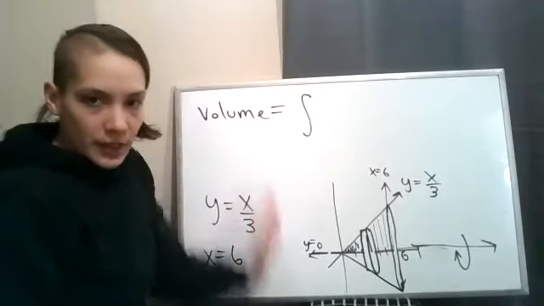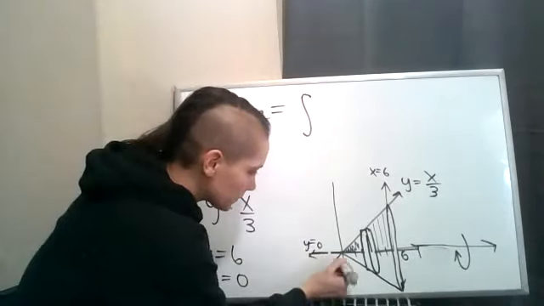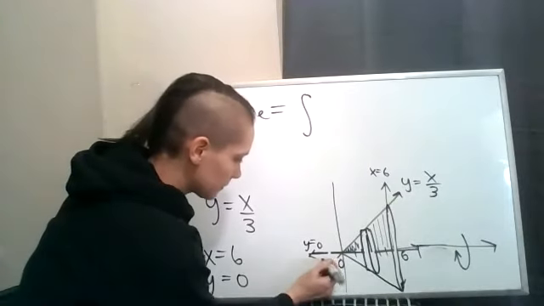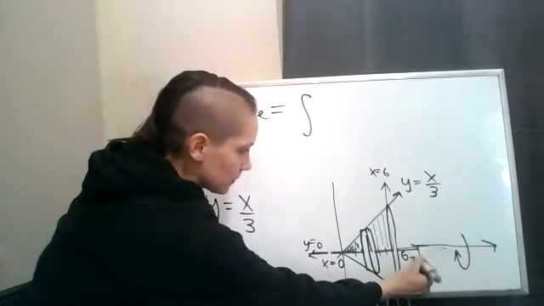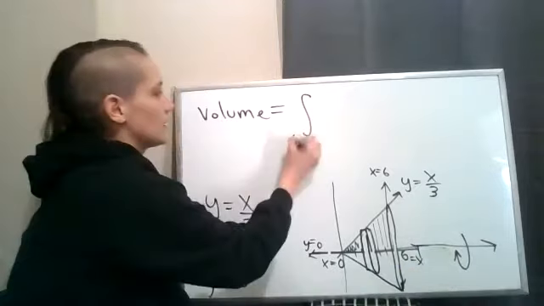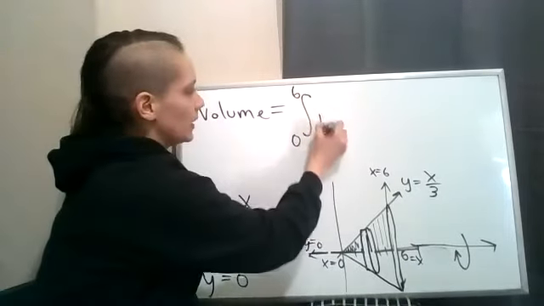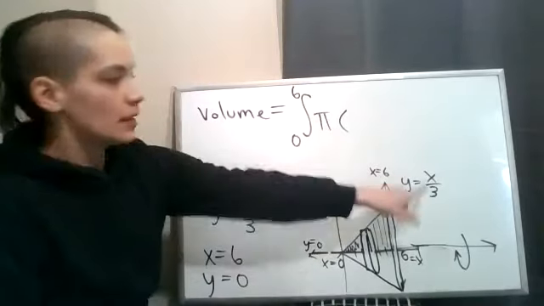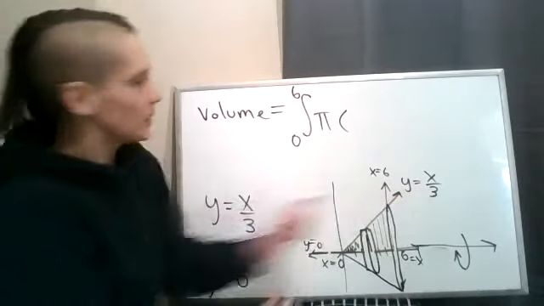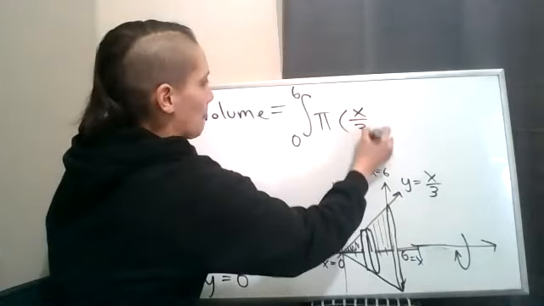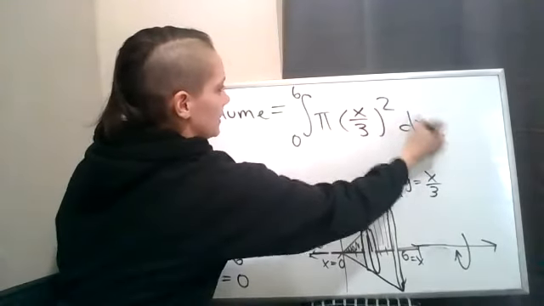So from 0 to 6 of pi times the radius squared. So pi times x over 3 squared dx.